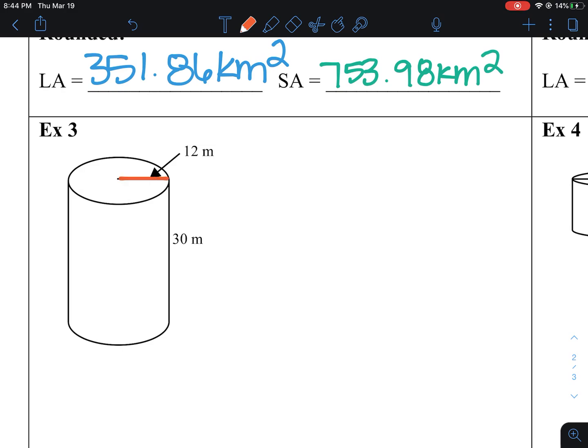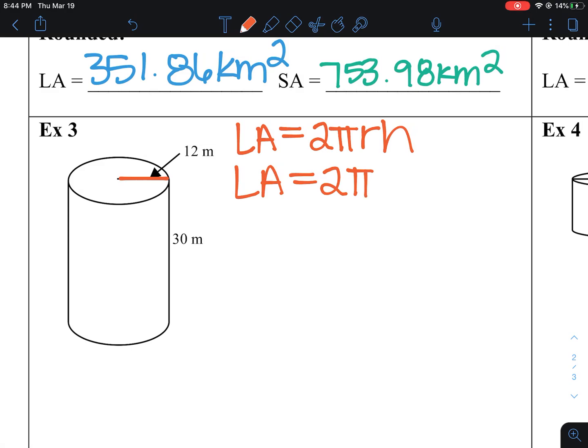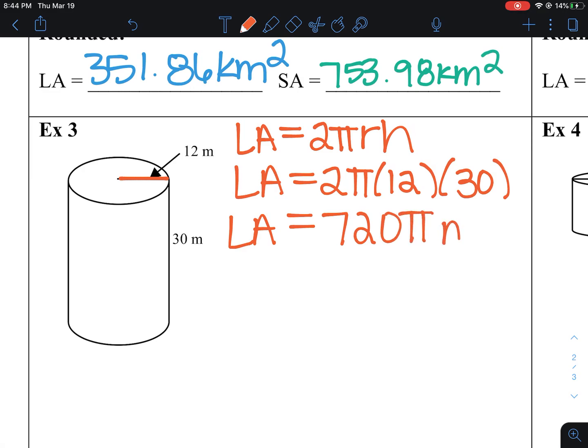Okay, so same thing for 3. It's exactly like 1 where it already just gives us the radius, right? It gives us what we need for r. So the lateral area would be 2 pi r h, 2 pi, the radius is 12, the height is 30 this time. So when you do 12 times 30 times 2, that's 720 pi meters squared.